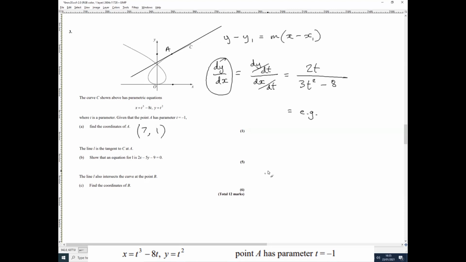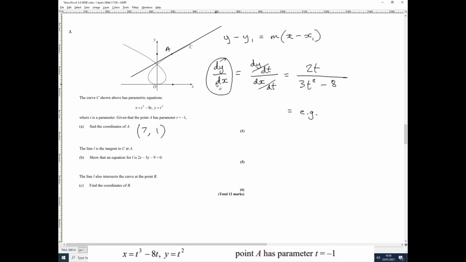Are you sure you can see the screen properly? Yeah, I can see it. Well, we did part A. We were doing part B, and then we started writing up here, didn't we? Because we were trying to find the equation of a straight line. And then you noticed we don't have the gradient. That's why we were differentiating, isn't it?